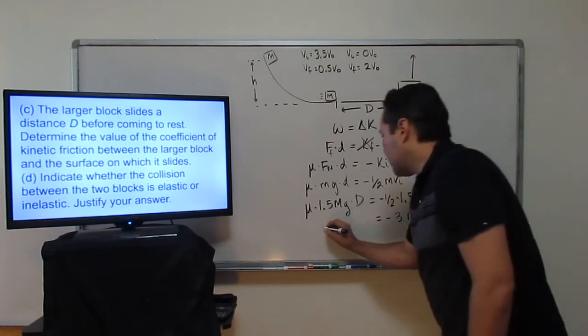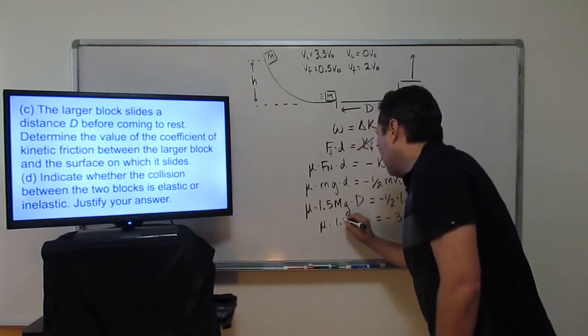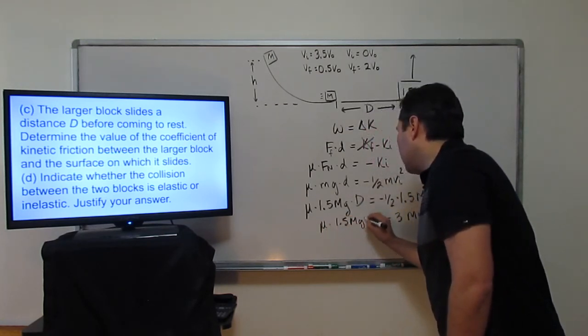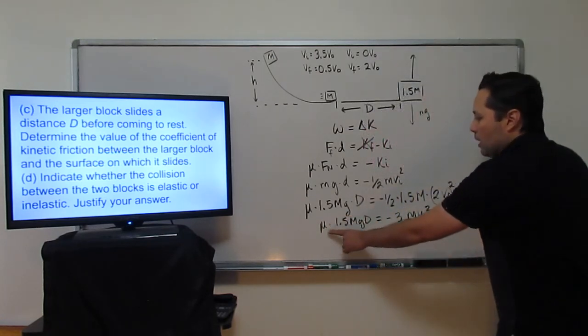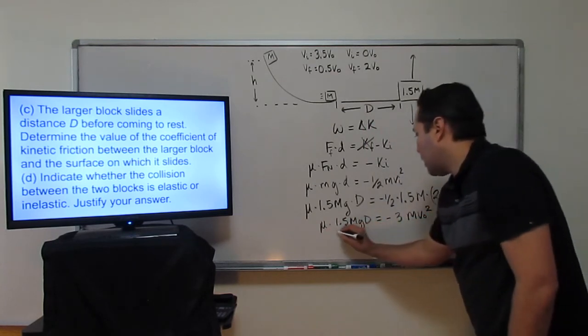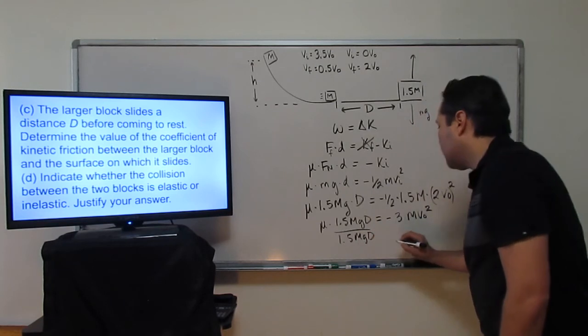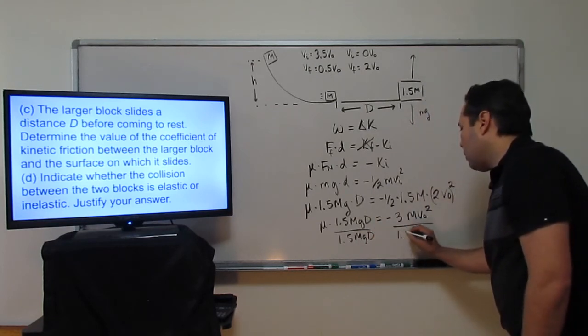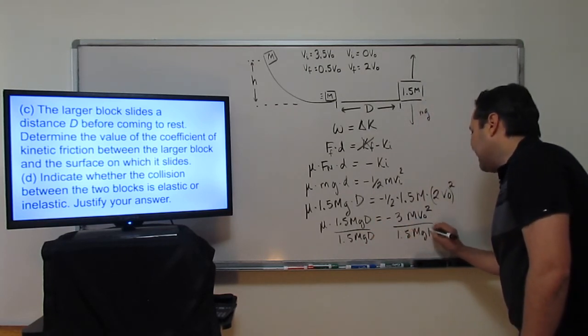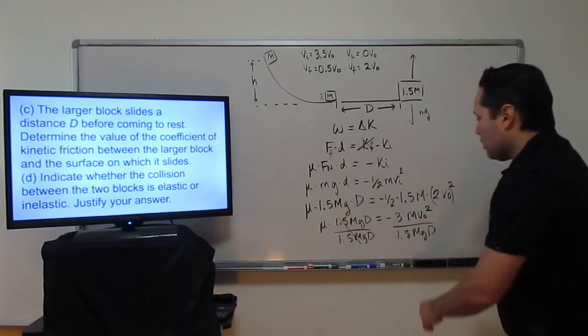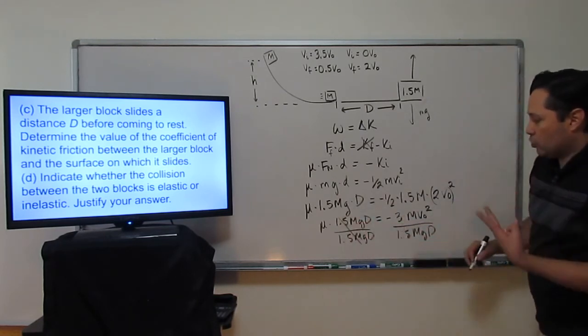And this side remains the same, 1.5 mgd. Finally, I wanted the coefficient, so I'm going to divide by 1.5 mgd. I do that to both sides, 1.5 mgd cancels out. 3 divided by 1.5 is 2.